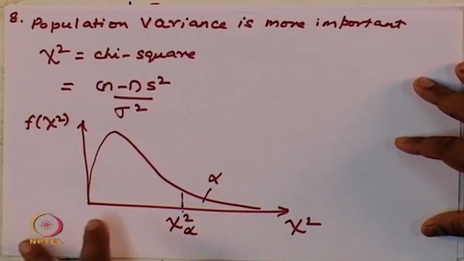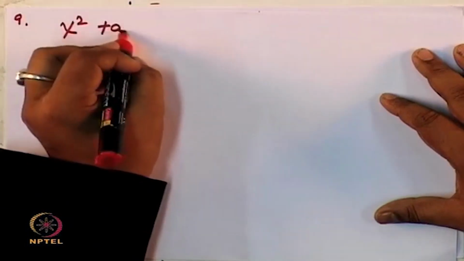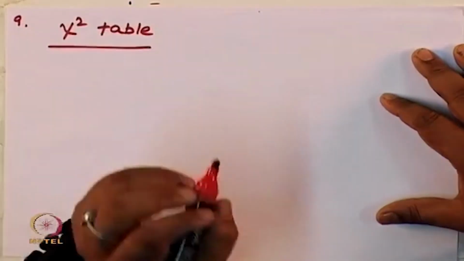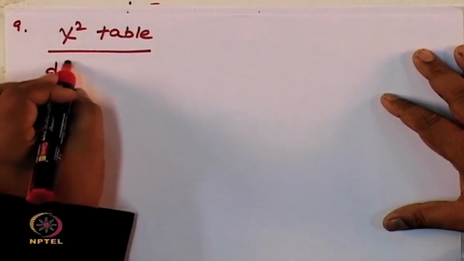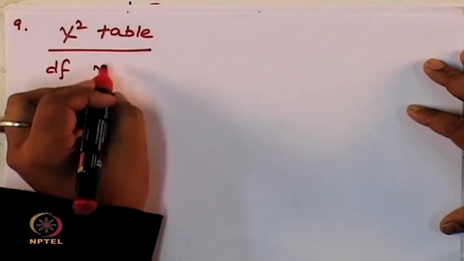Okay. So, how does a chi-square table look like? In a chi-square table, you have the following values. You have df, which is your degrees of freedom, n minus 1, and you have these values provided.